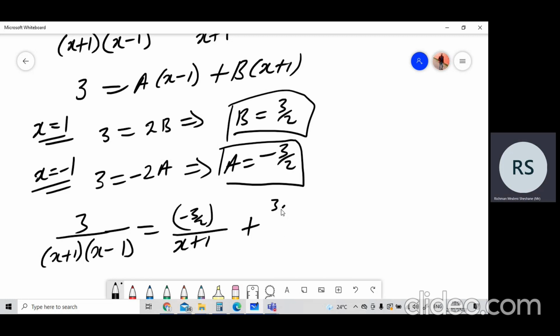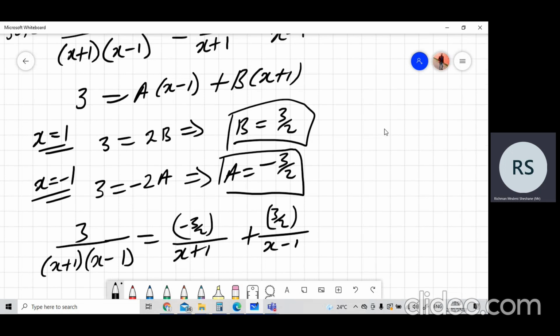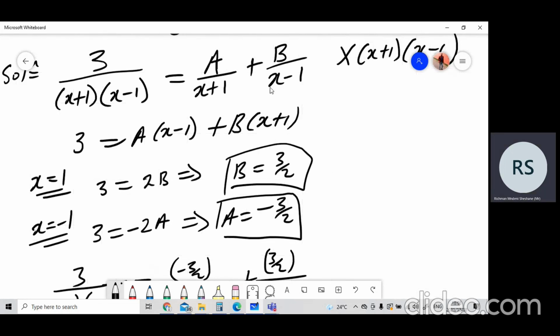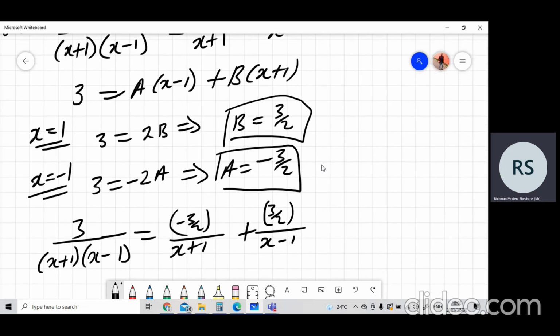B is 3 over 2 over x minus 1. So what I did here, I just substituted into this expression the value of a and b.